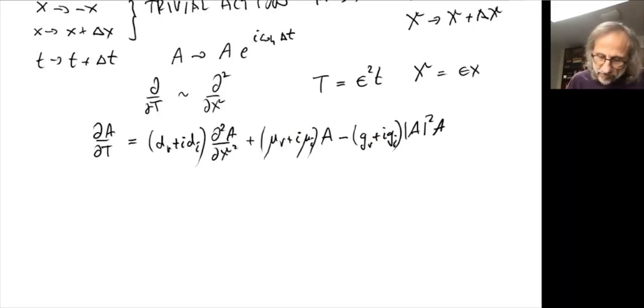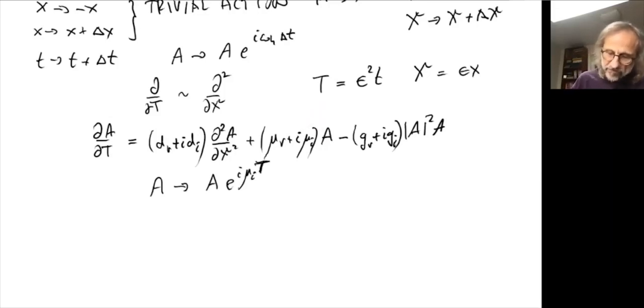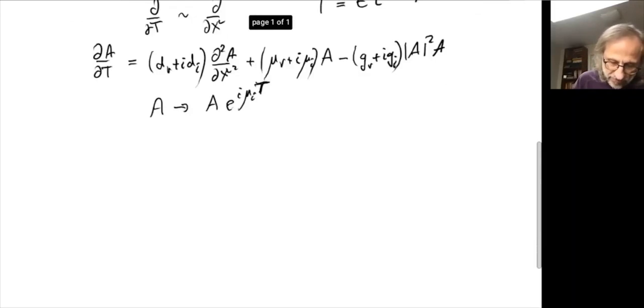You can do one more thing. I didn't say anything about mu_i, but you recall we can get rid of this coefficient by making a transformation of A going to A times e to the i mu_i t, slow t. This will remove that coefficient. And then when everything is said and done, we get the following nice equation.